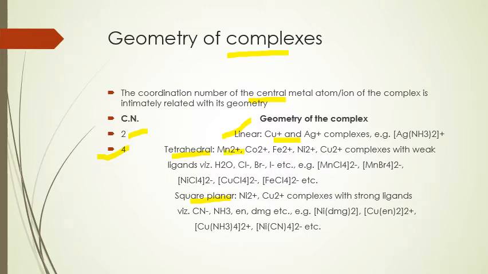Manganese of the first transition elements, cobalt, iron, nickel, and copper 2 plus, complexes with weak ligands like water, chloride, bromide, iodide, the halogens, form the tetrahedral geometry, and with the strong ligands they form the square planar geometry, like nickel and copper complexes with the strong ligands.